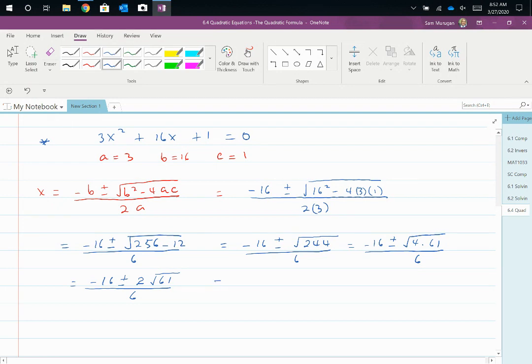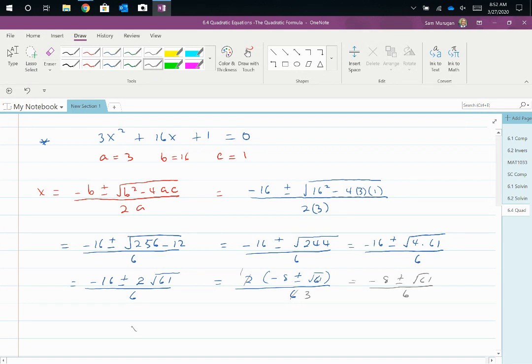Notice that on the numerator you can factor out 2 to get negative 8 plus or minus the square root of 61 over 6, and 2 goes into 6 3 times. So what we've got left here is negative 8 plus or minus the square root of 61 over 6.